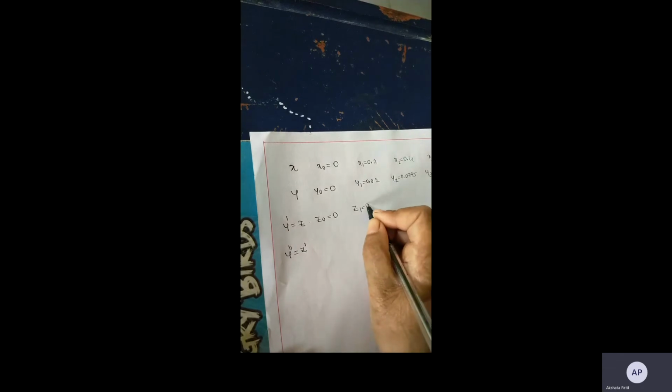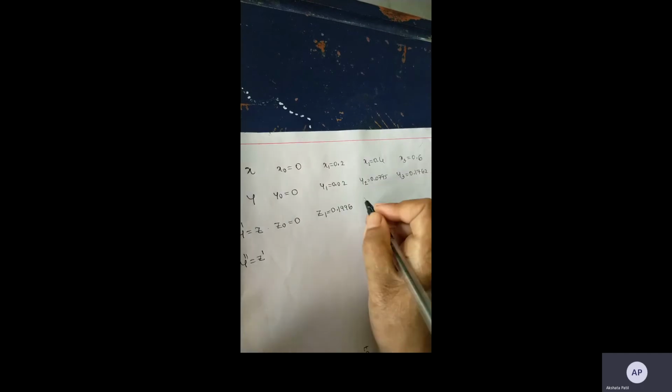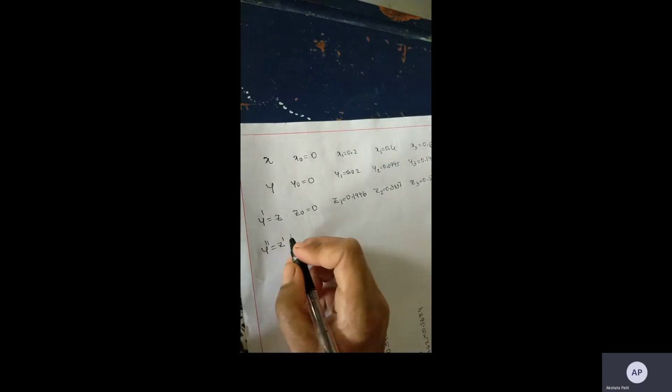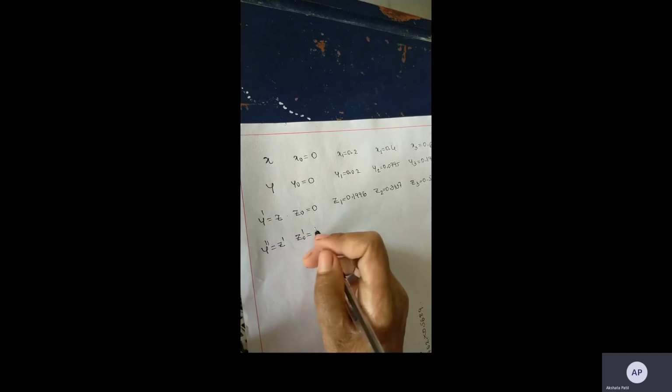Okay, and y dash, z0 value they have given 0, z1 value equals 0.1996 and z2 equals 0.3937, z3 equals 0.5689. Now z dash we already calculated above, so let us substitute the values here. Z0 dash we recently calculated, so you will get 1 here.